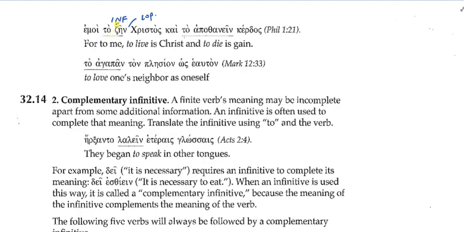Sometimes I could have an anarthrous infinitive functioning as a noun, but often it will be articular. So to live is Christ, from zao. Kai to apothanein kerdos. And to die, again, a copula is implied here. To die is gain. All right, so here these function as subjects of copular constructions.